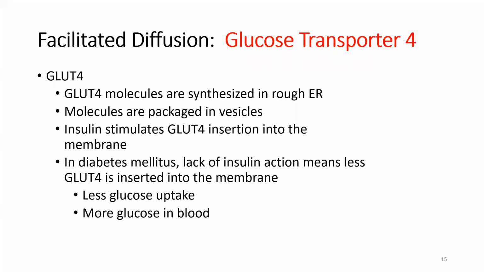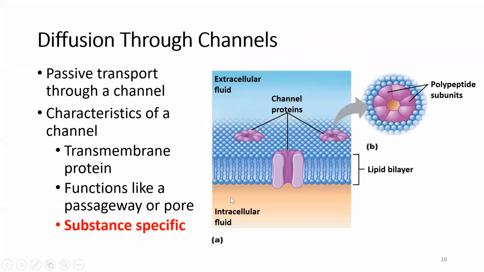This is why diabetes mellitus is particularly problematic, because if we don't have insulin, there's no signal to insert more of these transporters in the membrane of cells so that we can take the glucose out of the blood into the cell and use it to make ATP. So the GLUT4 transporter is how we uptake glucose, as an example of one of those transmembrane carriers.